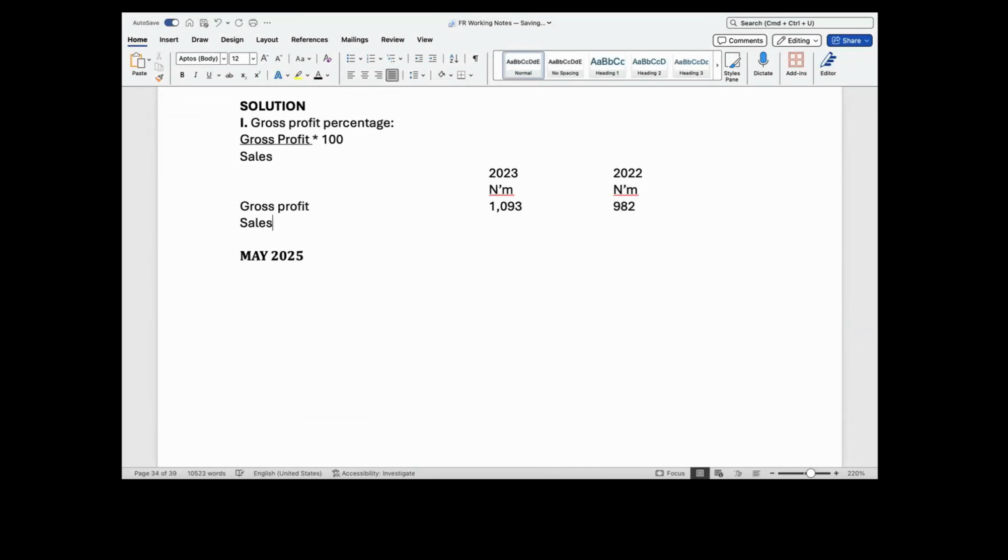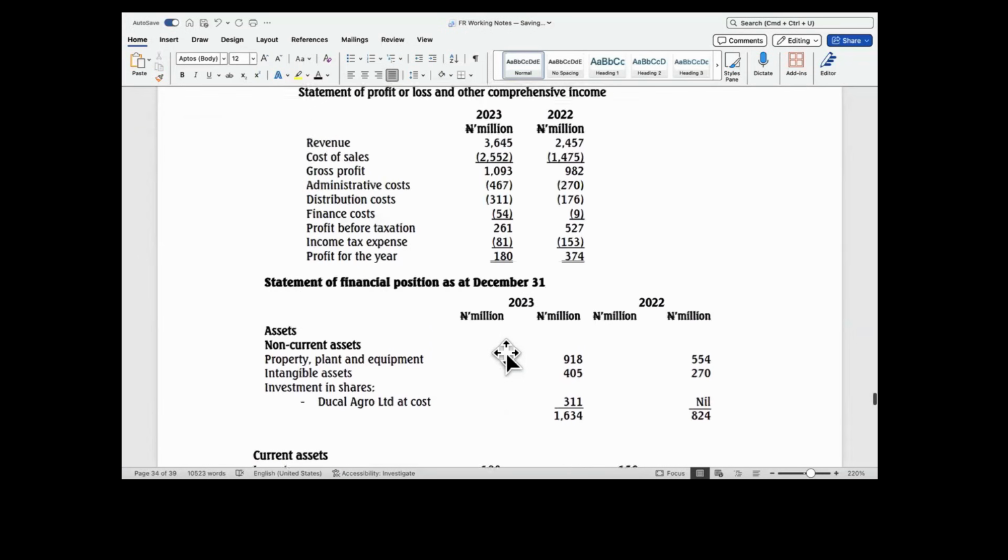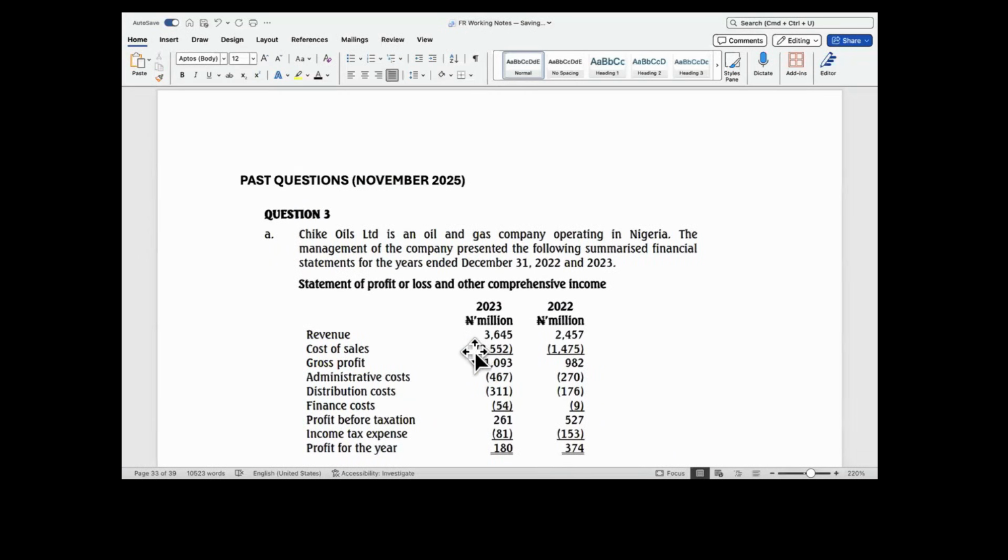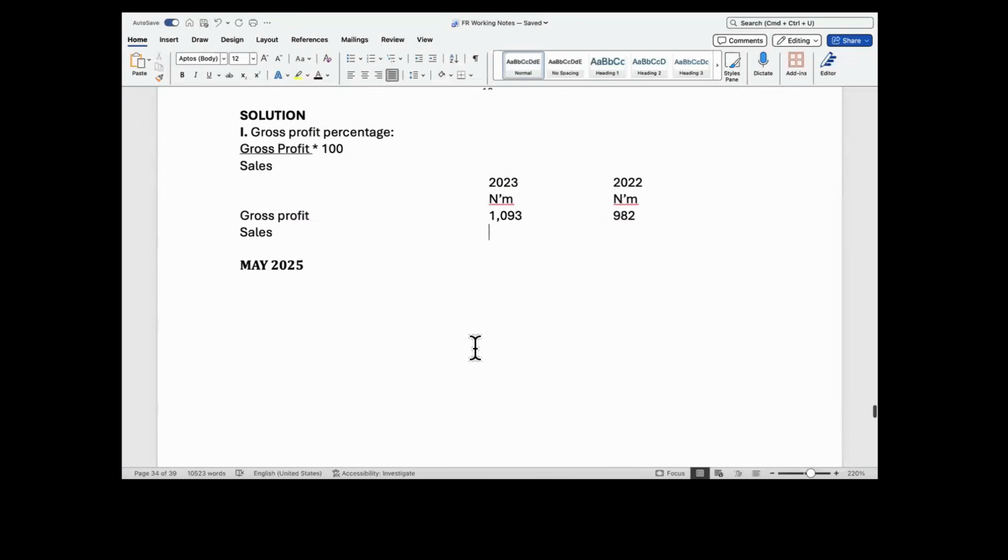And our sales, what was our sales in 2023 and 2022? 3645 and 2457.